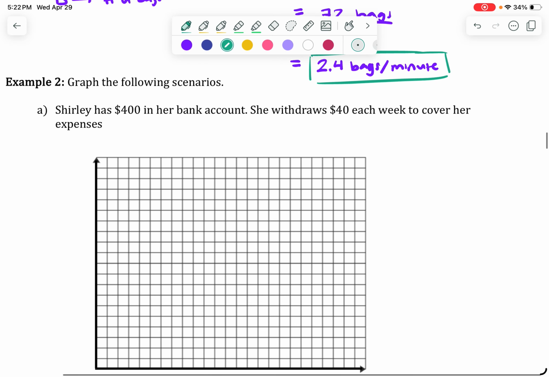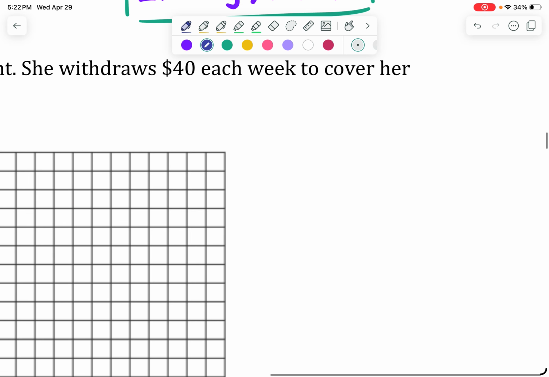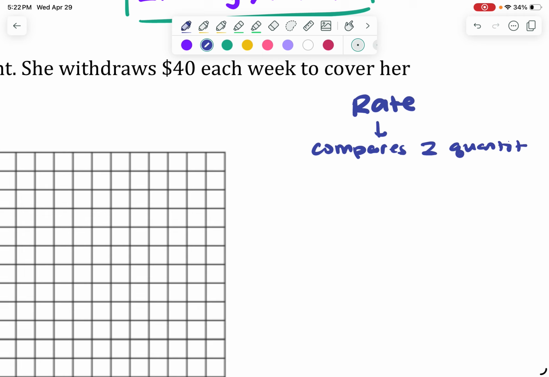Now, a rate, if you remember from grade 9, and if you remember from the beginning of the lesson here, compares 2 quantities. So, I'm going to write that, compares 2 quantities, which means it will have 2 units.